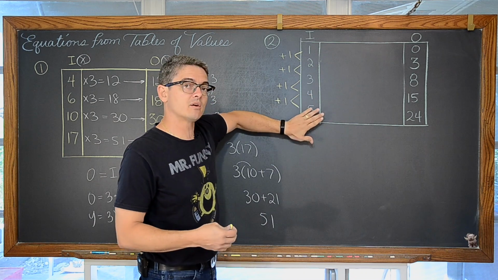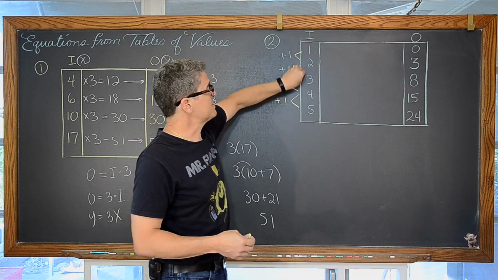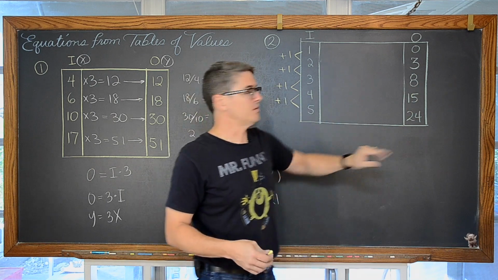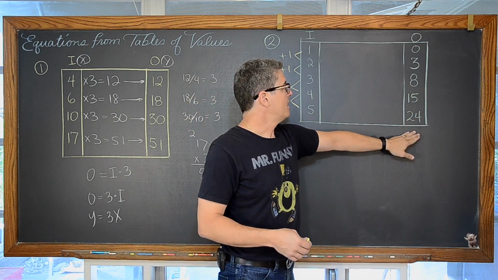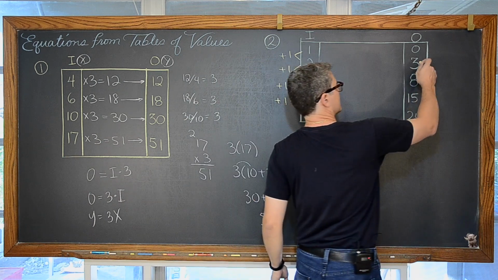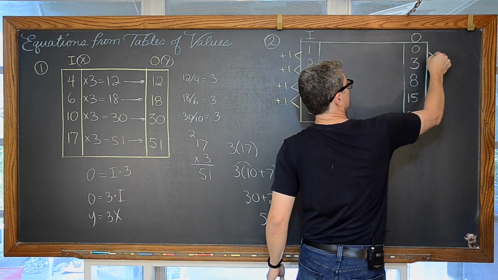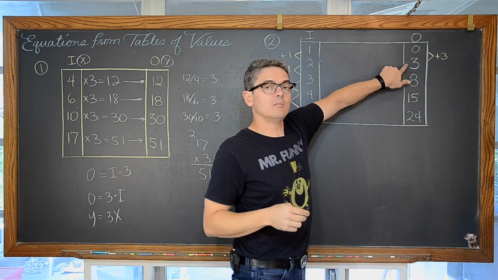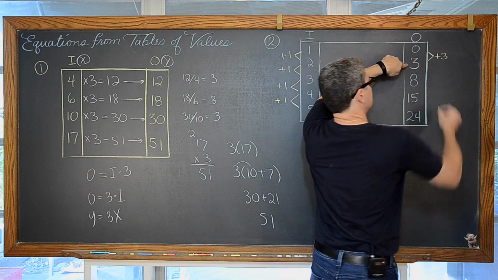But here we have a nice pattern of increasing by 1. So since this is increasing by a consistent value, in this case specifically 1, we're going to come over to the other side and look at what's happening over here. If we back subtract this, 3 minus 0 is equal to an addition of 3. And 8 minus 3 is an addition of 5.